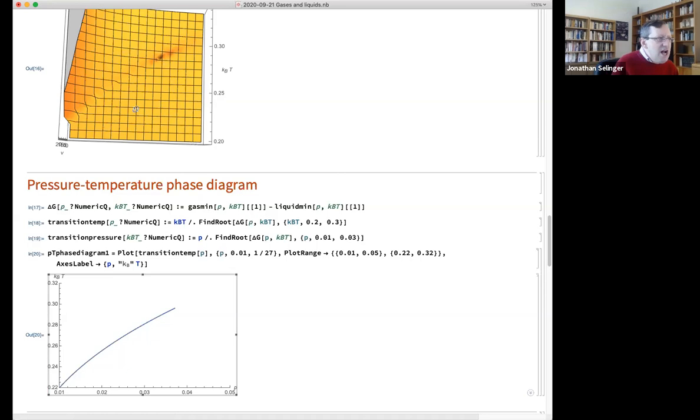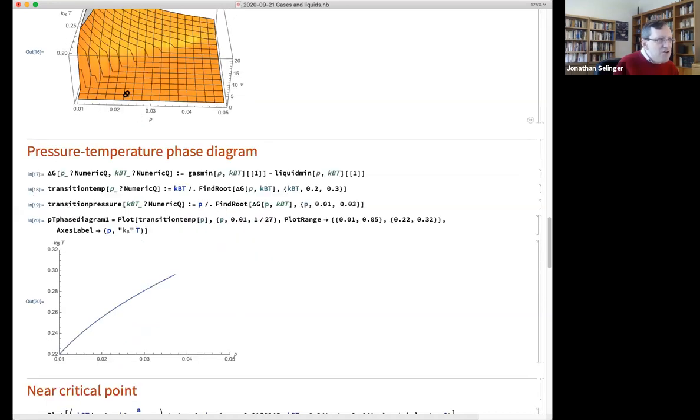Down here on this side of the boundary, we have low temperature and high pressure, and that's the liquid. And you know that because there's a low volume per particle.